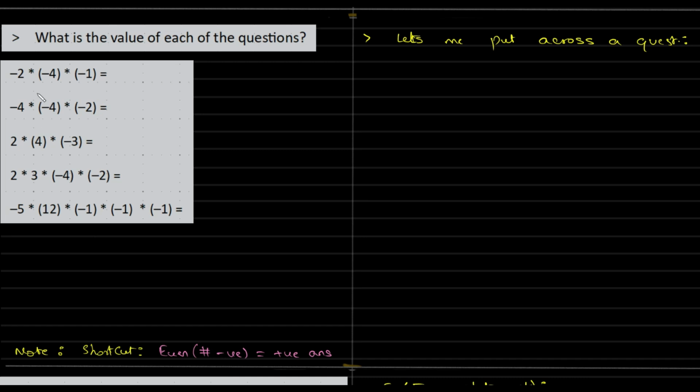Whenever you look at any set of numbers, it can be just two to start off with, but after that, if you see three, four, five numbers, first decide on the sign as a whole. For example, negative into negative is positive, positive into negative is negative, right? You can think in that way.